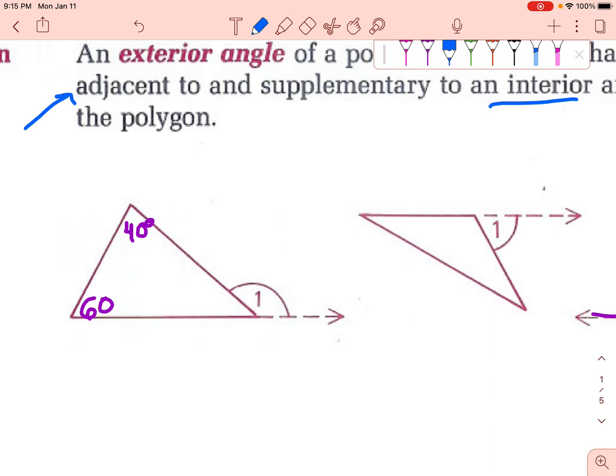It says that these add up to 180, which would make this angle right here 80 degrees. Now, if that's 80, angle 1 has to be supplementary to that, which would make angle 1 100 degrees. Now, you should start to look at this. Oh, look, wait a minute. That's weird, because if I add those two purple ones up, it's equal to that green angle.